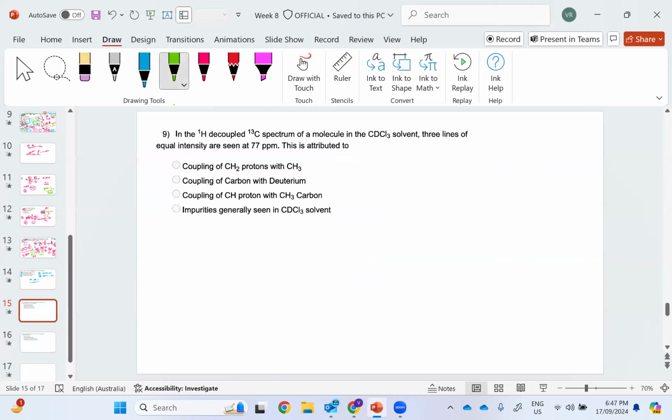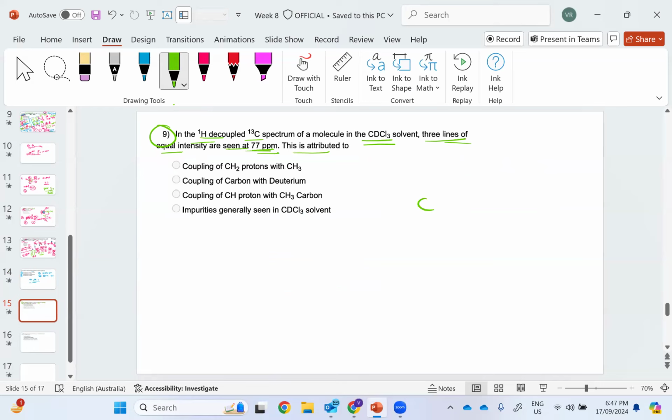The next question here is: in the 1H decoupled 13C spectra of CDCl3, three lines of equal intensity are observed at 77 ppm. I think this question we have already solved in the last one, right?